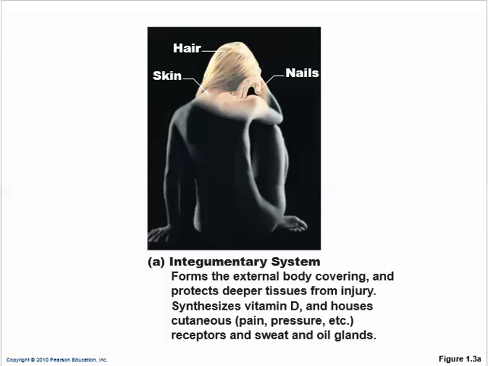It's not a passive system. Physiological things happen. Vitamin D is synthesized there. There's a lot of excretion. There's a lot of secretions that happen there. It's vital to the homeostasis in life.